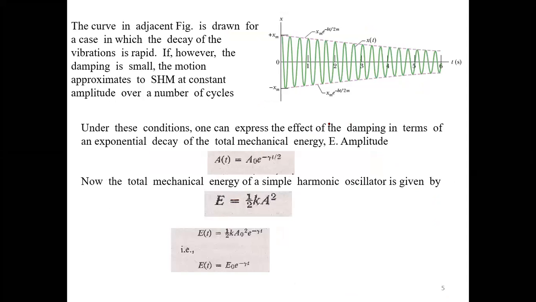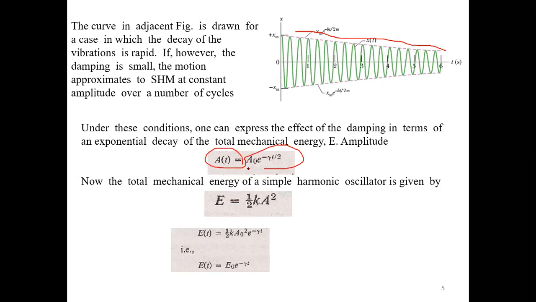If we plot x as a function of t, look here, the amplitude will decrease exponentially and finally die out. The curve in the adjacent figure is drawn for a case in which decay of the vibration is rapid. If, however, the damping is small, the motion approximates to simple harmonic at constant amplitude over a number of cycles. So the amplitude will follow this formula.